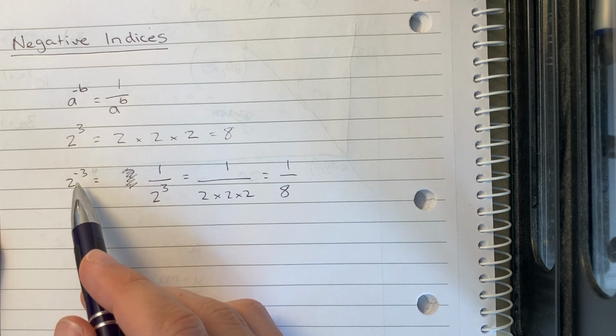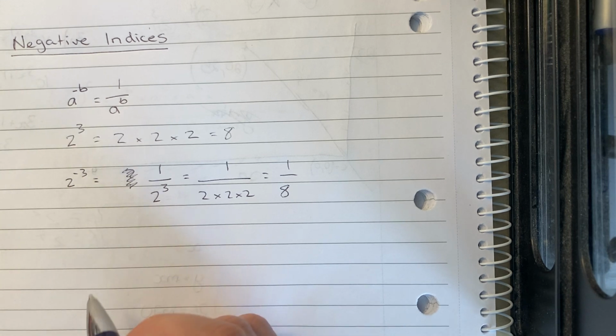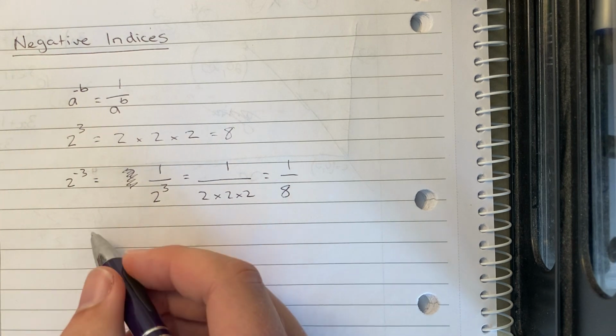I might just do one example now of doing this in conjunction with some of the other laws. So let's see if I can think of a slightly complicated example.